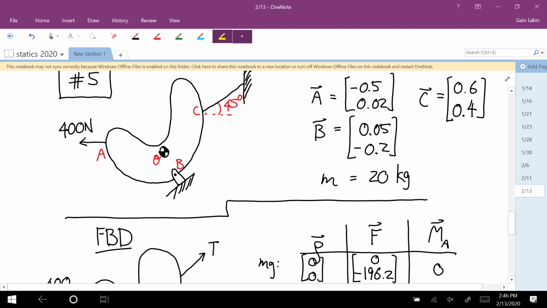But this pin can provide a force in any direction to keep it from moving. There's no direction where this pin would let it move, so those can be anything. But normal forces, rollers, and cables, the variable values have to be positive on those.